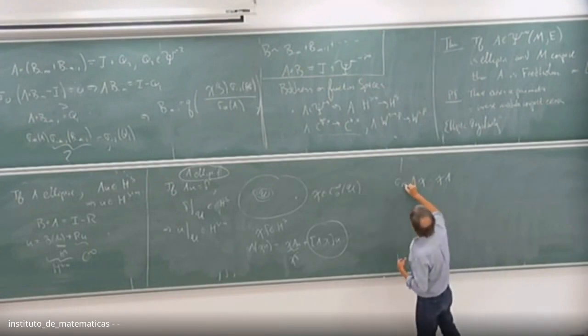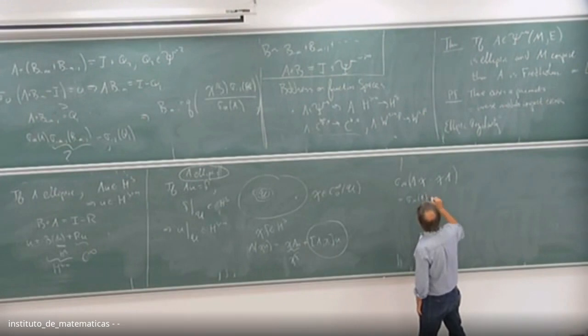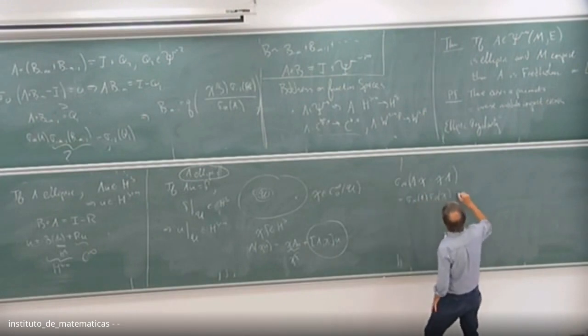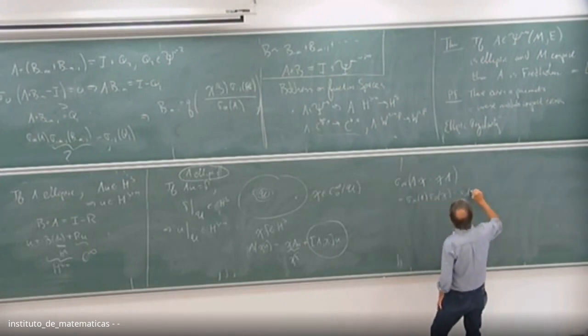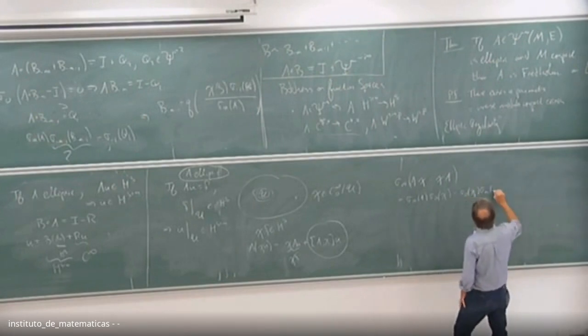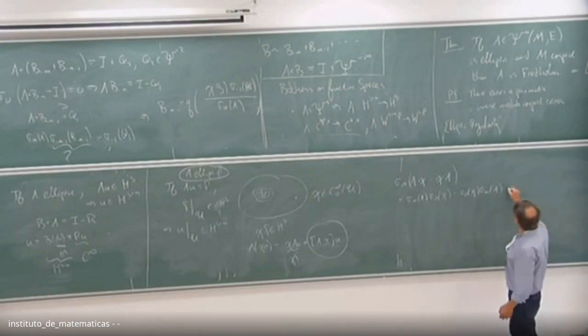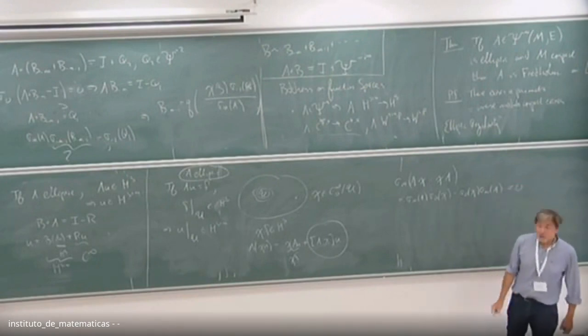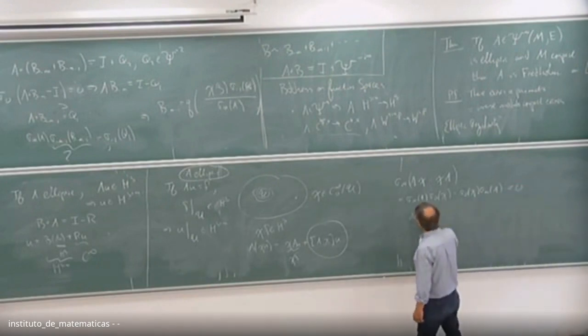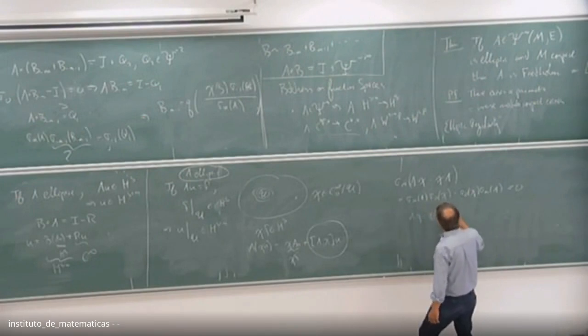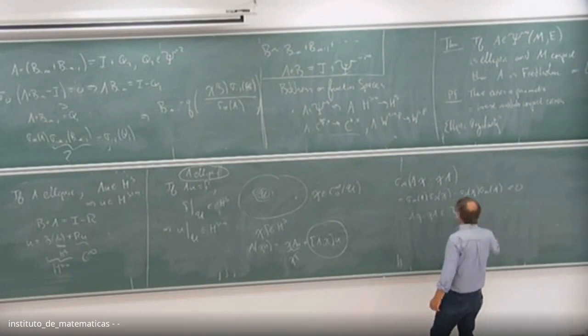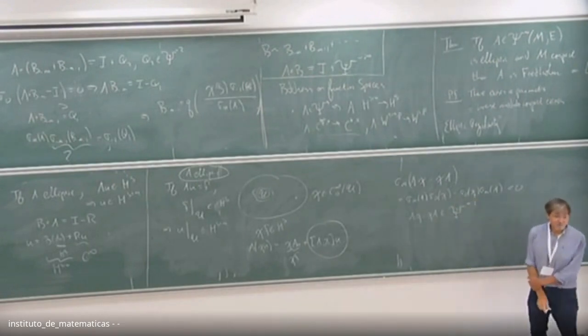If I take the symbol of order m of this thing, that's going to be the symbol of A times the symbol of chi, minus the symbol of chi times the symbol of A. And remember, symbols are abelian. Symbols are commutative. So this vanishes. So what that tells me is that A times chi minus chi times A is actually an operator of order m minus 1. So it's a little bit better than A.